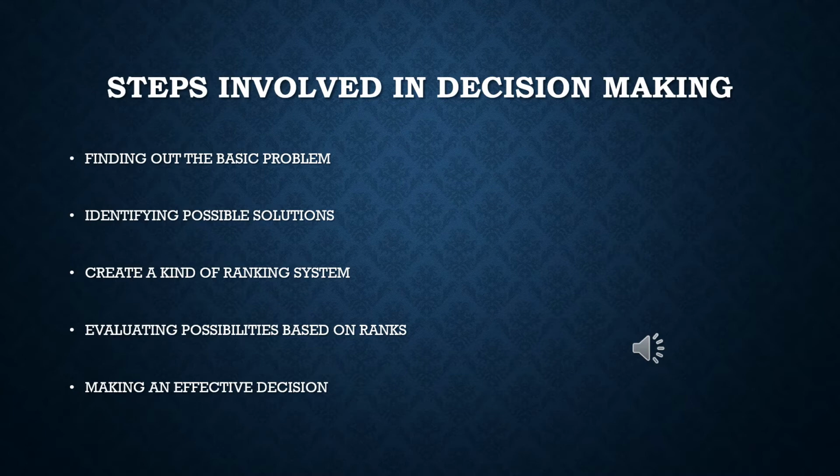So every single solution will have a certain kind of ranking attached to it, and the best ranking, taking into account all the variable aspects of the organization, will be that particular effective decision that the organization needs to take for the particular problem which has been generated. So this is the flowchart of economic decision making, or as you can see, the steps involved in the decision making process.